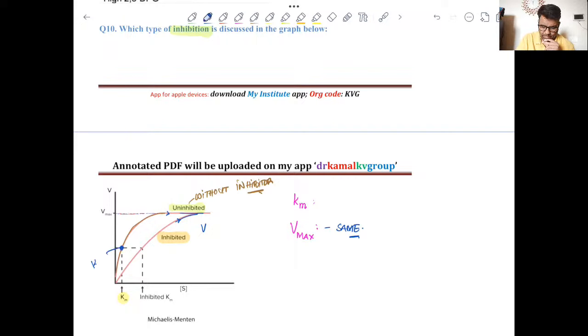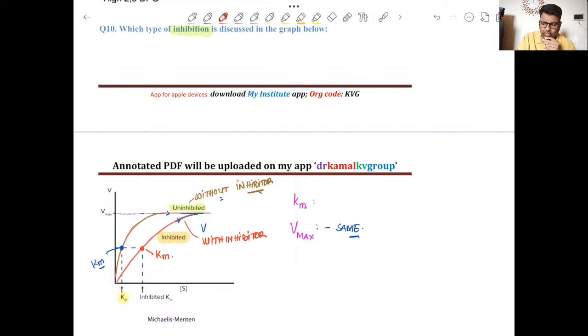So this is the Km without inhibitor. Now when an inhibitor is added, see what has happened. The curve is going like this, and therefore this is the new Km, and this curve is with inhibitor.